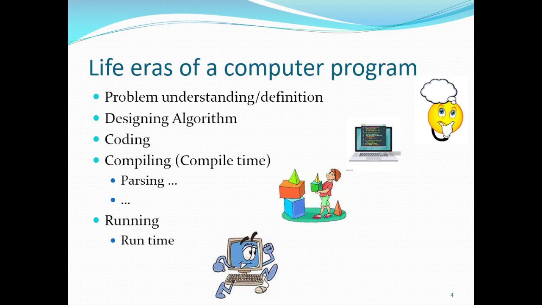But sometimes we need more space or sophisticated memory usage in the runtime. So when we run the program, we may need more space. So we are dealing with that here. Dynamic memory allocation is used in this stage.